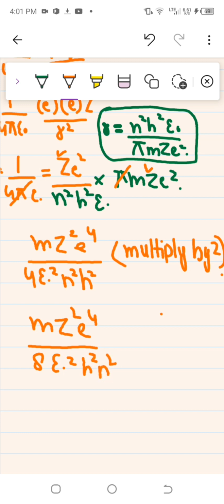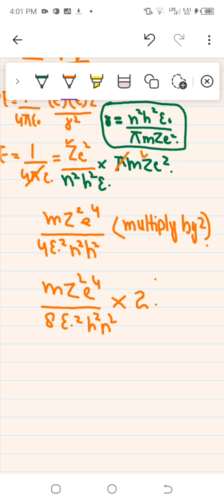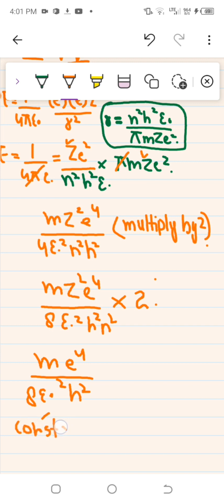Now we separate this: m e4 over 8 epsilon square h square is a constant, into Z square upon n square electron volt, which is the variable.